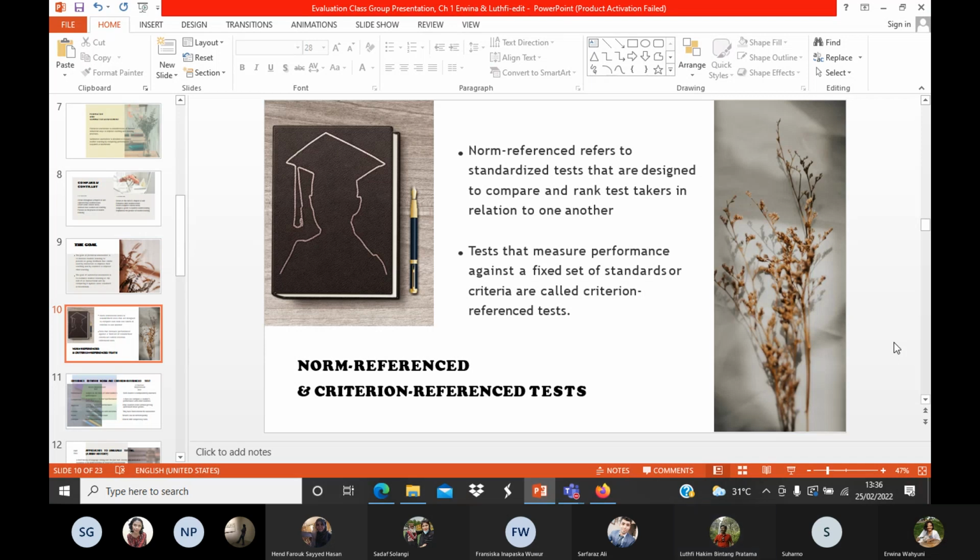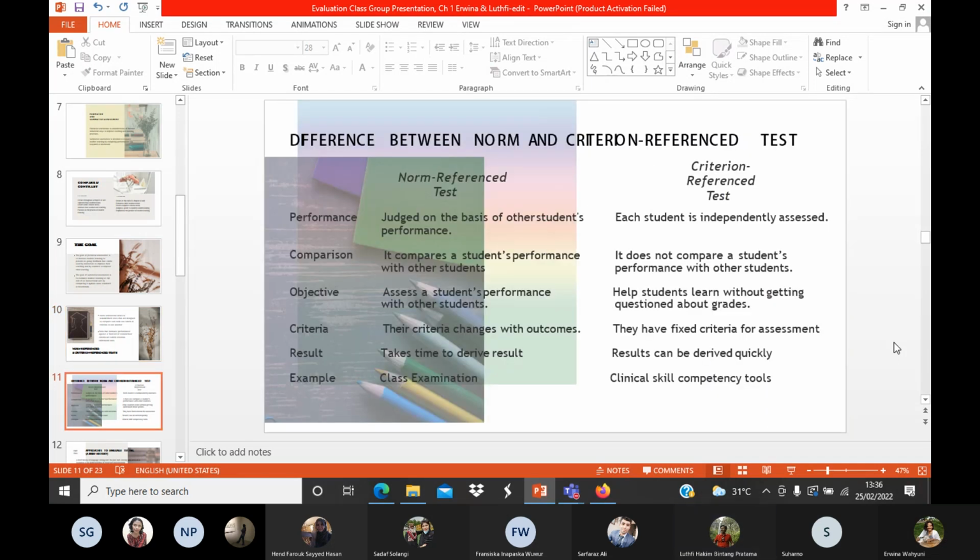Next, the difference between norm and criterion tests. The norm-referenced test is judged on the basis of other students' performance, and in the criterion test each student is independently assessed. For comparison, the norm-referenced test compares a student's performance with other students, while the criterion test does not.